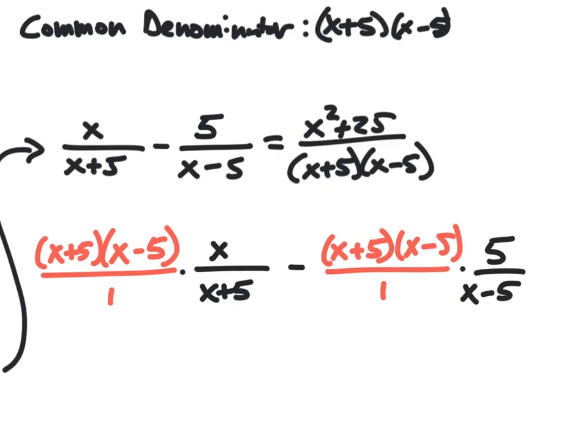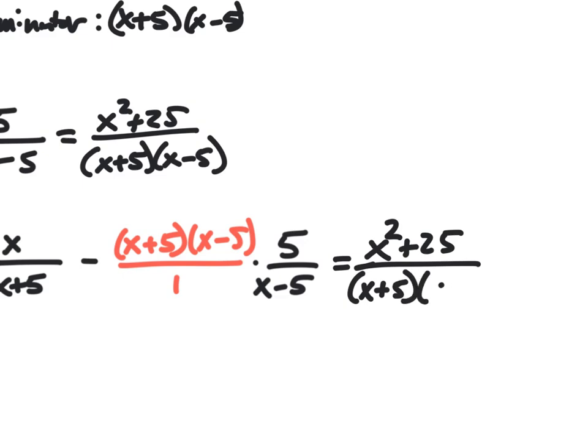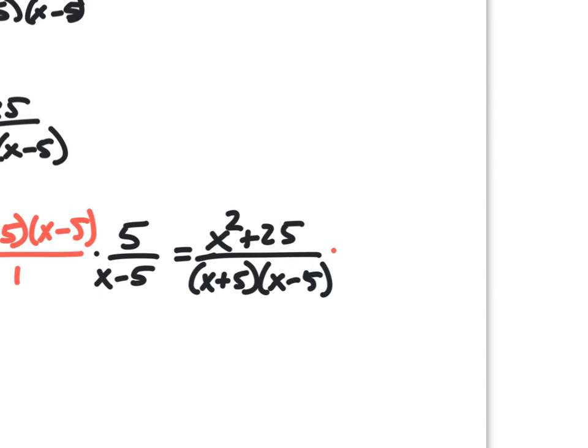Okay, we got that. And then let's do the same thing for the last one. This is going to be x squared plus 25 all over x plus 5 times x minus 5, and I want to multiply by my common denominator, which is x plus 5 times x minus 5.